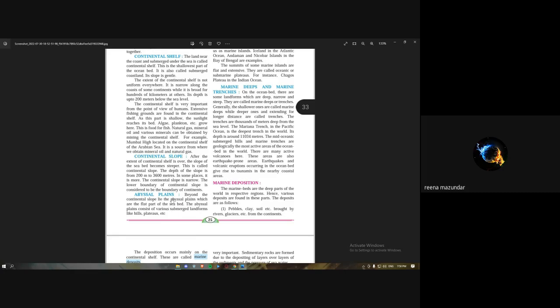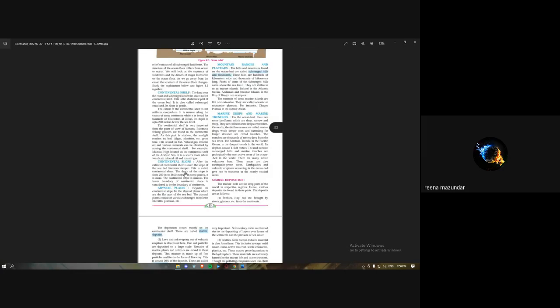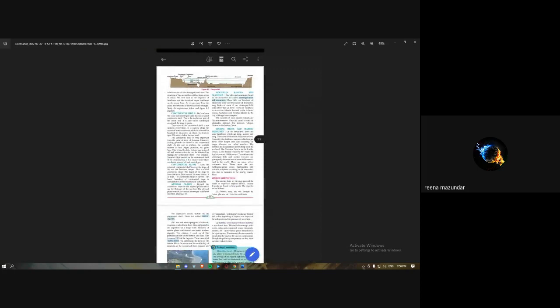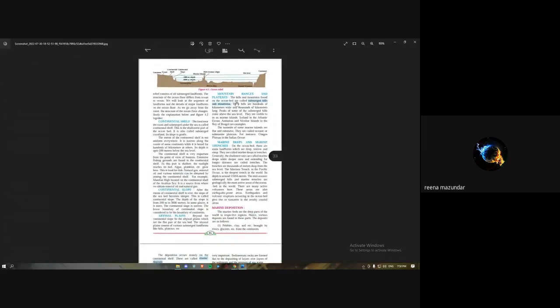Isn't it? So this is the landform part. This is the abyssal plain. See the extent of the abyssal plain. Here we find mountains also, plateaus also, plain area also. So many things are found. This abyssal plain is the most important part because there are mountain ranges and plateaus.